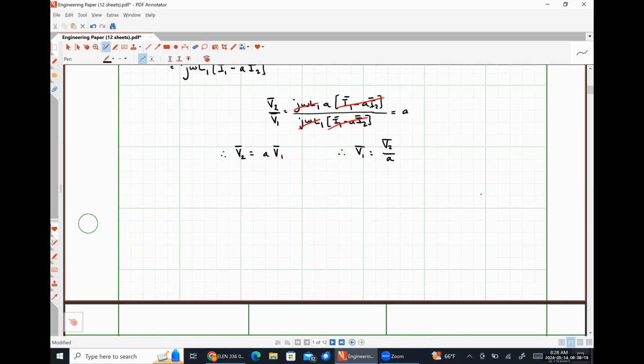So I am saying that the complex power absorbed by coil one has to equal the complex power supplied by coil two. Effectively, power in equals power out, or energy is being conserved. For an ideal transformer, it has to obey the law of conservation of energy. So this shouldn't be too wild of a thing. So what is my fundamental definition for complex power?